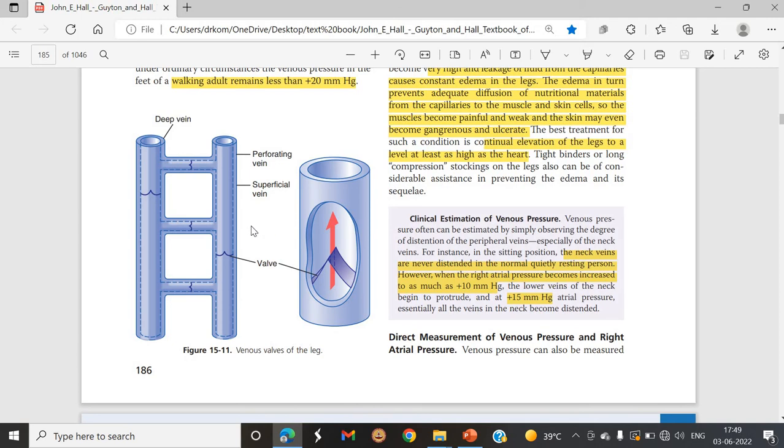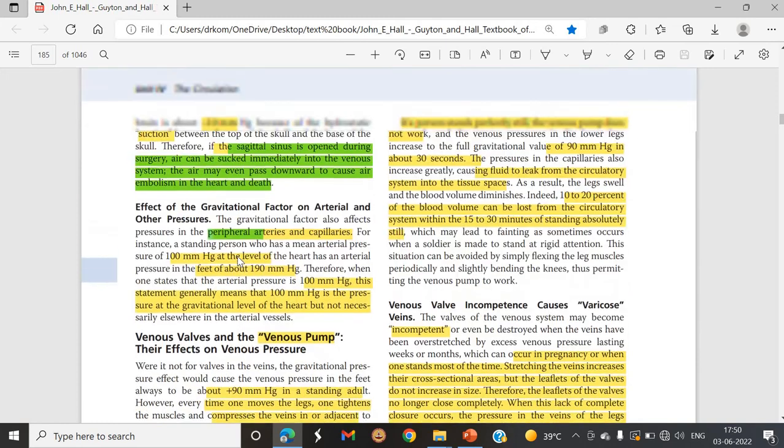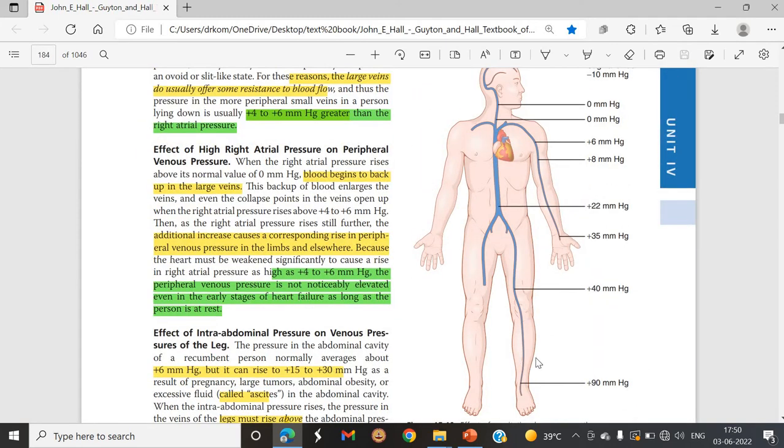But surgeons standing for a very long time every day, and even soldiers, this example is given in Guyton: when soldiers remain standing for a very long time in a rigid position, within 30 minutes, it is amazing, you lose 20% of your volume through edema into the legs, and the person might faint. So to avoid this scenario, you have to keep your legs moving.